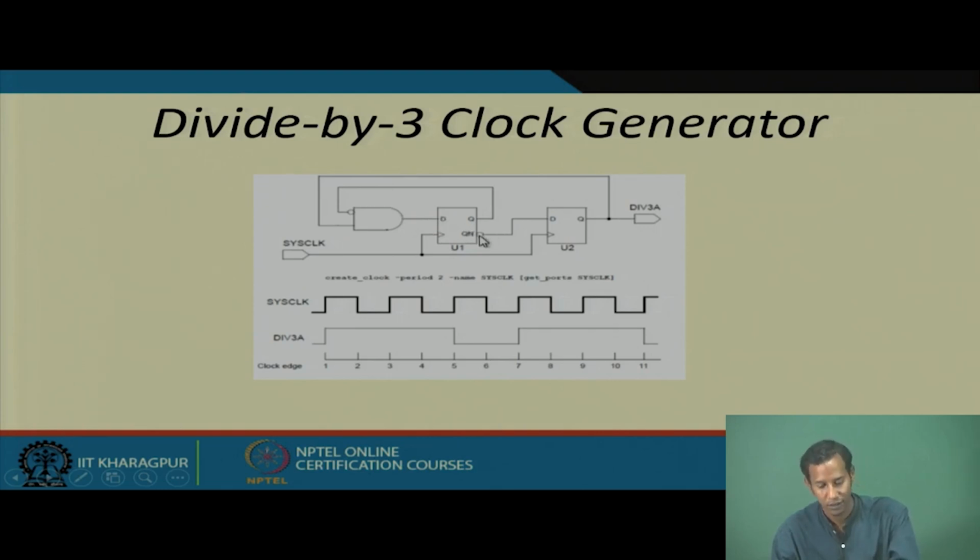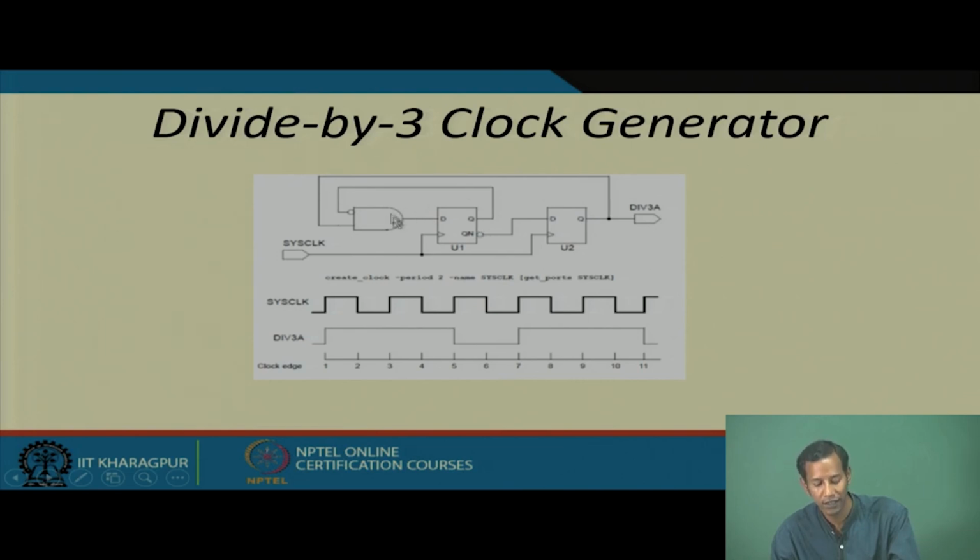So, it will be 0, and then the 0 will come, and the output of Q will make it 0 for that. Again, as this is coming as 0, it will affect this. So, here if it goes 0, then again it will be just 1.